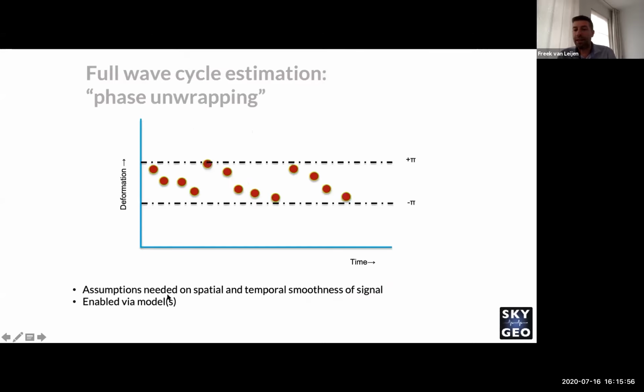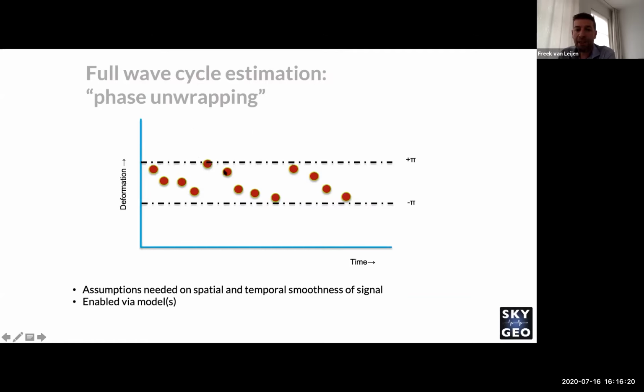Now, there's a complication, and this is a bit of a technical topic, but still worth mentioning, regarding also the case of tunnel construction. As we saw before, the only thing that we can actually measure are values between -pi and +pi. And that means that this distribution of measurements is obtained. So the values are between -pi and +pi.